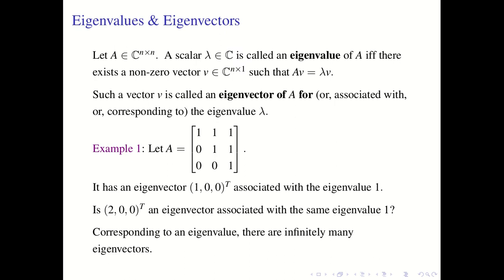Given this, what can you say about 2 0 0? Is this an eigenvector? Now if V is an eigenvector corresponding to an eigenvalue lambda, what can you say about alpha times V, where alpha is a non-zero scalar in C?